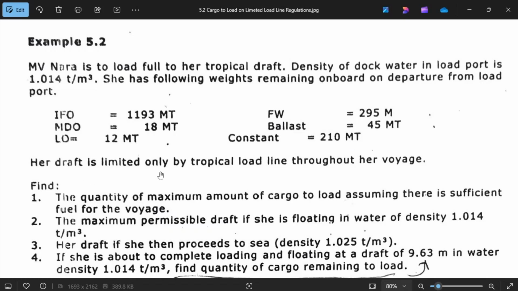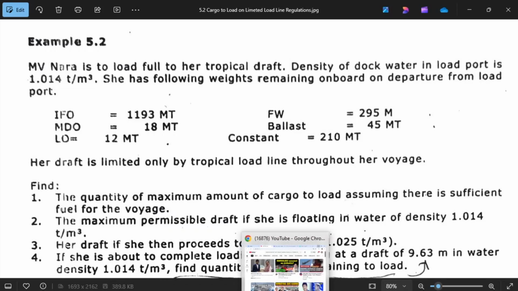Her draft is limited only by the tropical load line throughout her voyage, meaning your maximum draft would be the tropical load line mark throughout the voyage. So what is the tropical load line of the MV Nara? We will check our ship's particulars.